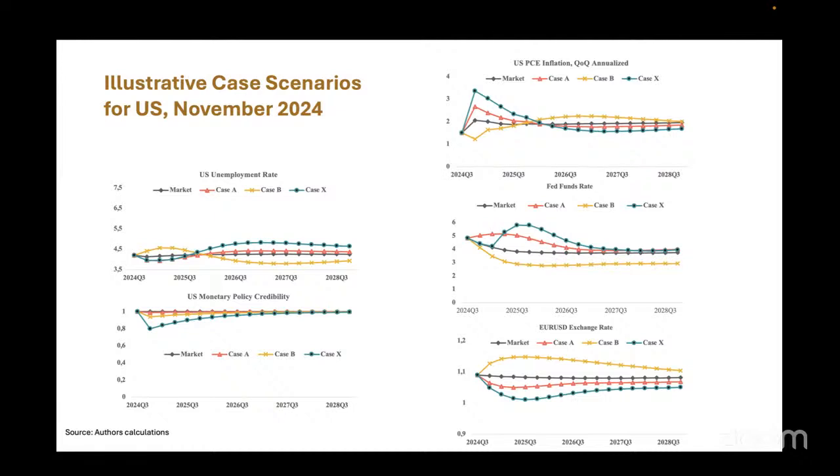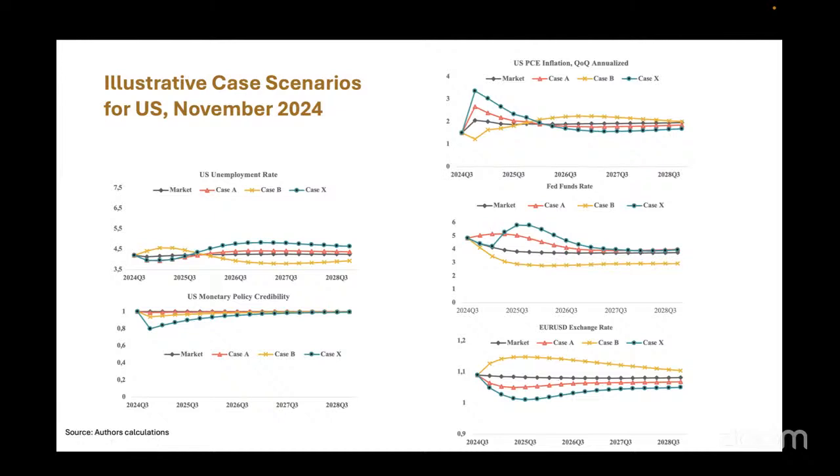Sorry, the euro dollar rate will appreciate because of the capital imports, and the euro will depreciate, yes. And this is what we can see in the case A scenario. It decreases, meaning that the euro depreciates.